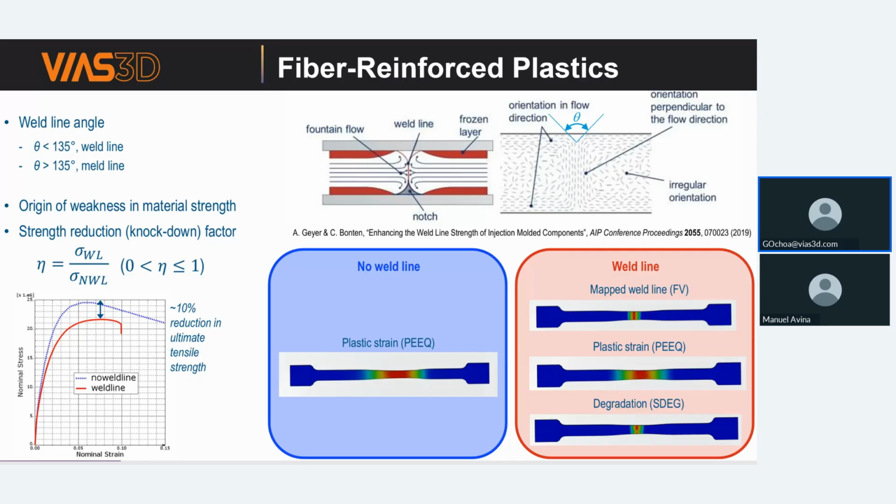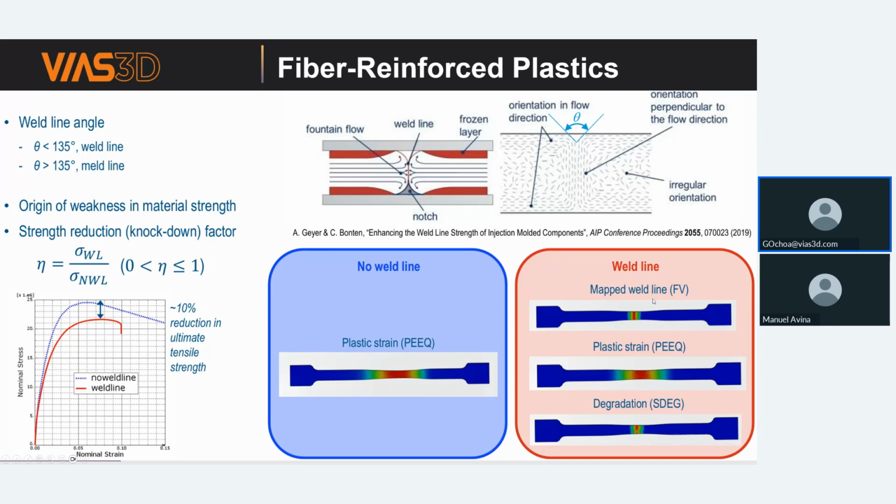That is applying the knockdown factor to the wet line location. So in the image here we have the equivalent plastic strain output variable from Abaqus when we don't have any wet line. And on the right side, we're capturing the behavior of the wet line in the structural simulation.